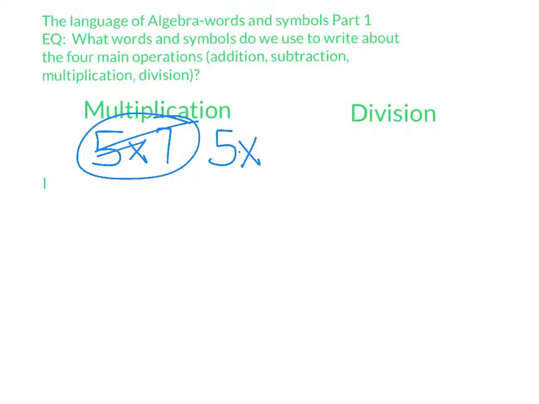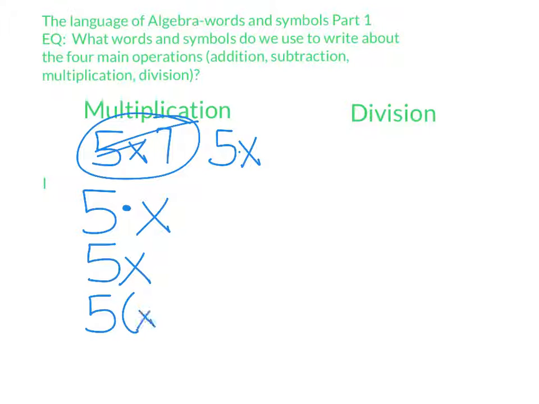We can write that 5 times x with a dot. When it's a variable, we can just smash it next to each other, and that means 5 multiplied by x. We can write it with one parentheses, or we can write it with two parentheses. All of those mean multiplication.